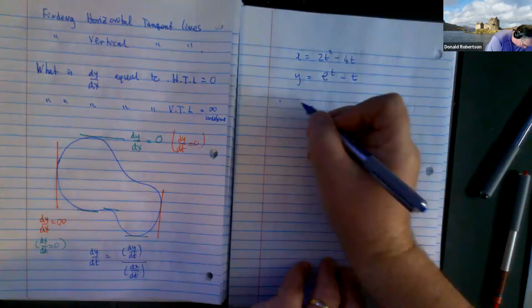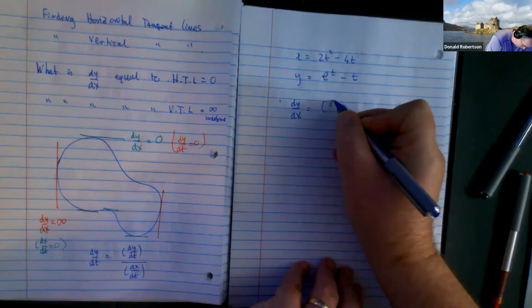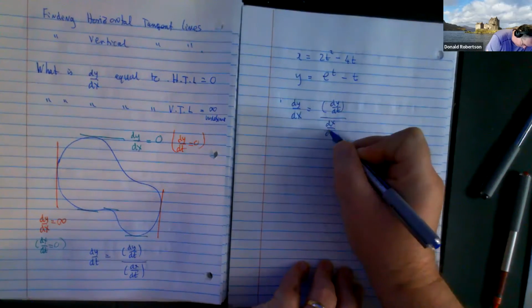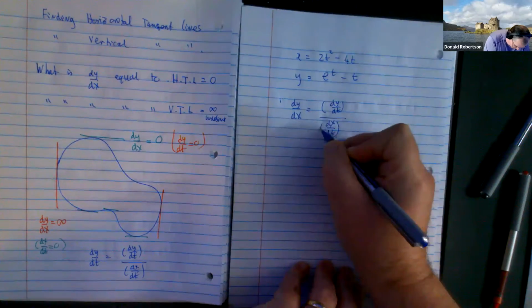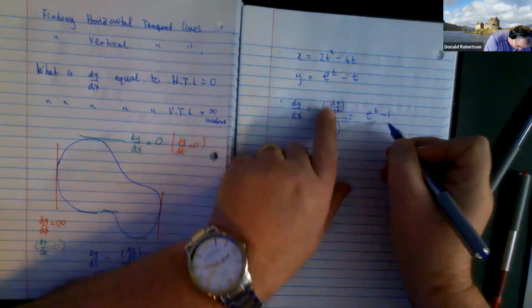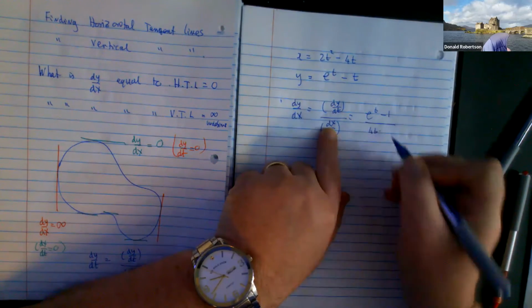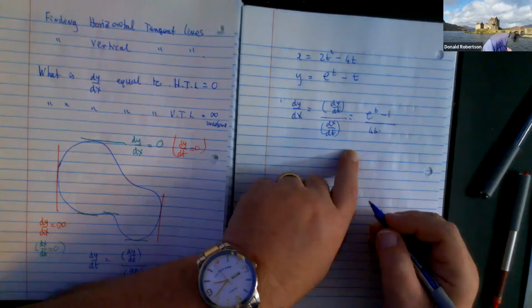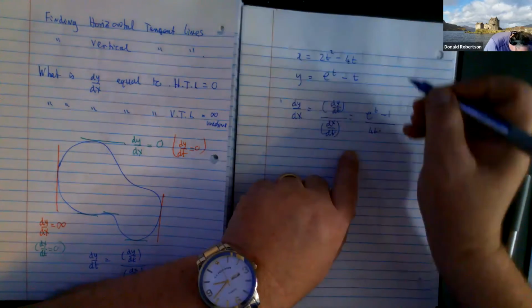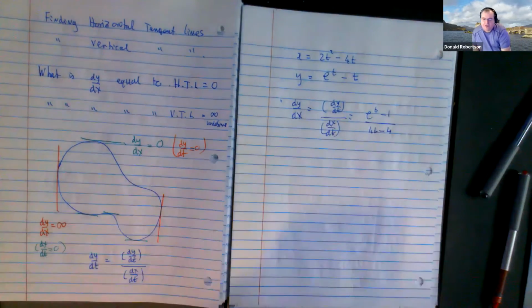Now, for completeness sake, I'm going to do the whole derivative. Well, this guy gets you e to the t take away 1, and this guy gets you 4t take away 4. For some reason, my brain wasn't functioning.